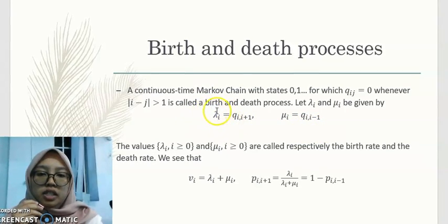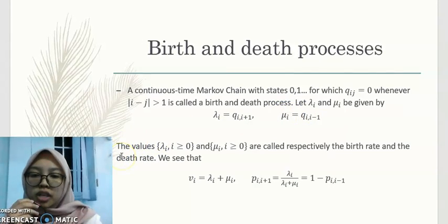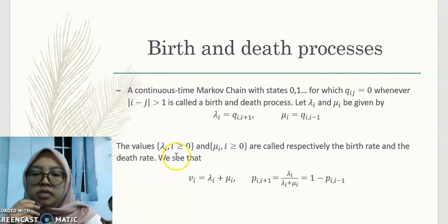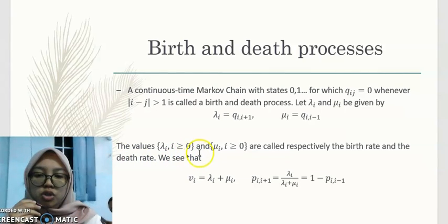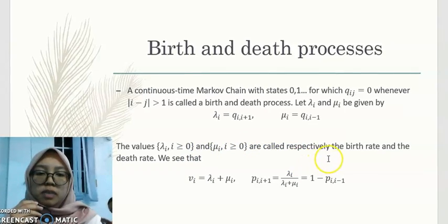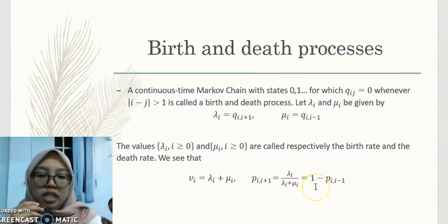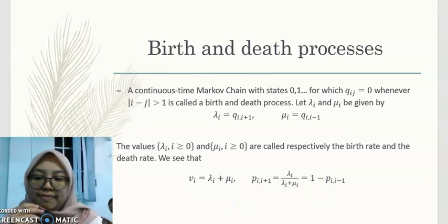Lambda i here is the birth process, while mu i is the death process. The values lambda i and mu i must be greater than or equal to 0, and are respectively the birth rate and the death rate. We see that pi equal to lambda i over lambda i plus mu i, and the downward probability is 1 minus pi.